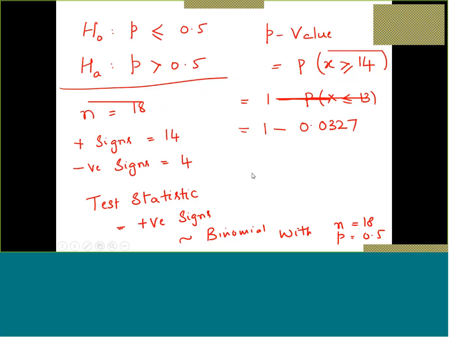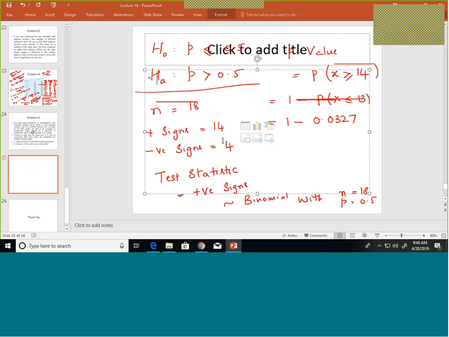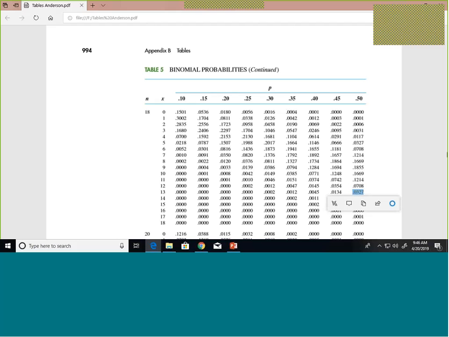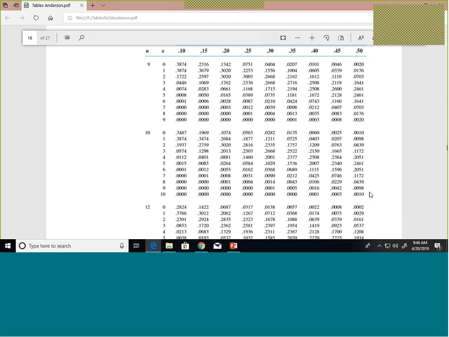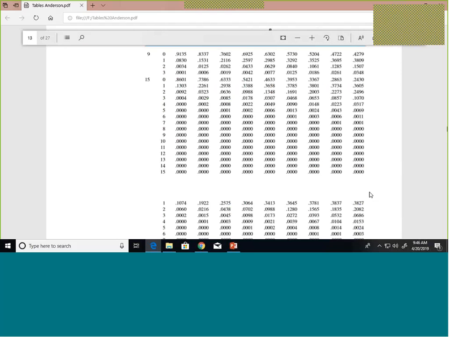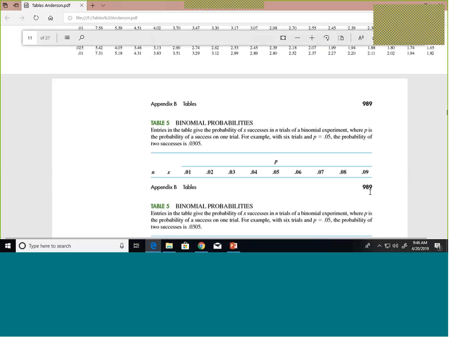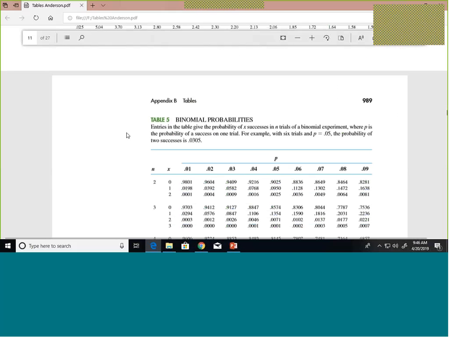Whether we have done in the correct way or not, let me check. Because I have a small query with the table. So what type of probabilities is it calculating? N is 18, 13. Let me check the figure. Okay, it's not giving CDF. It is giving only probability mass function.